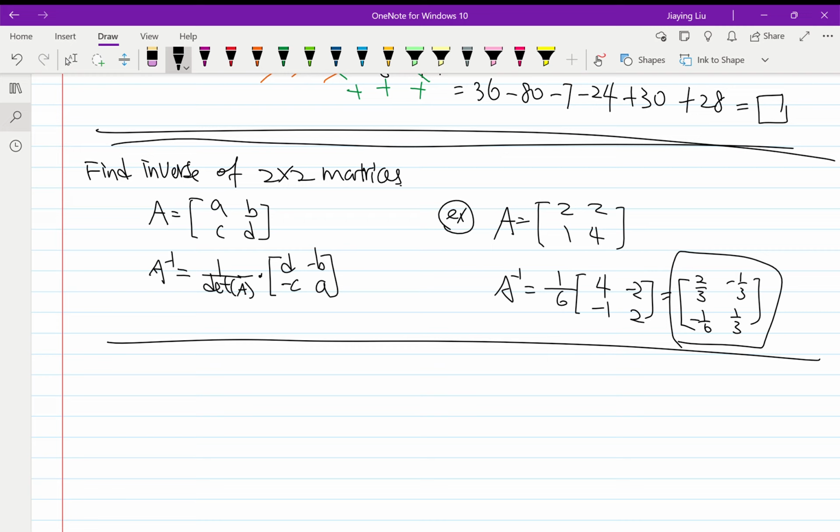If you don't have questions, I'm going to bring those together, the inverse and the matrix product. We can use them to solve a system of equations. So, use matrices to solve a system of equations.